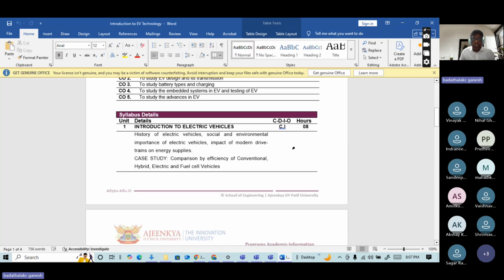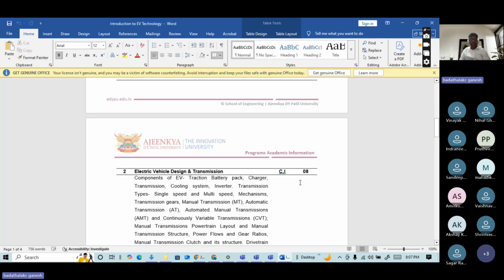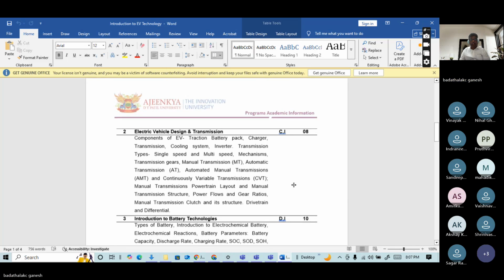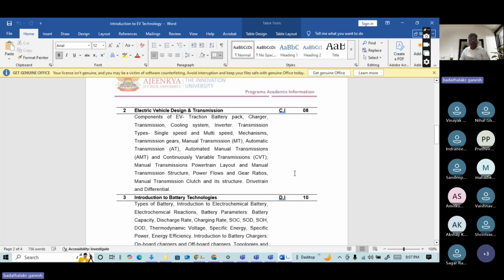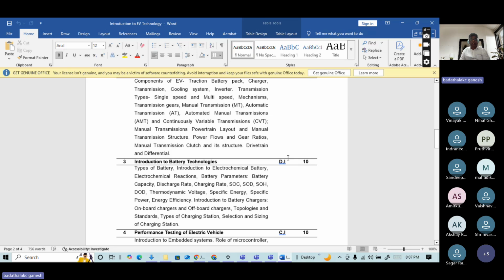In the first unit, we are going to study the history of electric vehicles, the social and economic importance of electric vehicles, the impact of modern drivetrains on energy supplies, and a case study. Next, we have electric vehicle design and transmission, mostly the transmission and the battery pack: manual transmission, automatic transmission, and all that.